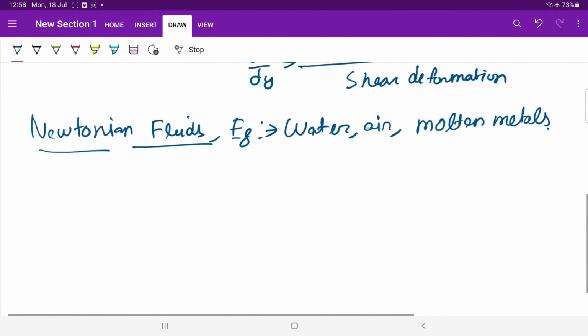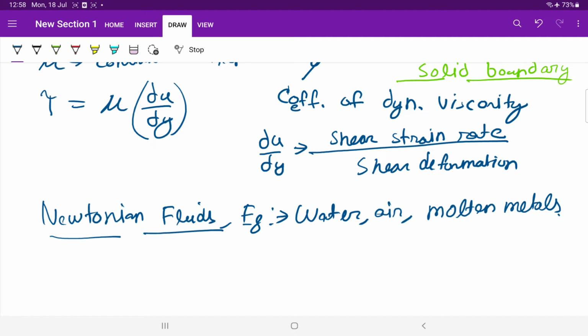Okay, so this is the rule, and you will find many numericals for that. Sometimes this will be called shear strain rate, sometimes shear deformation, and sometimes velocity gradient. They are called by various names, but shear strain rate is the most common one.